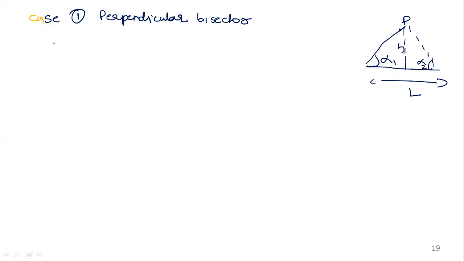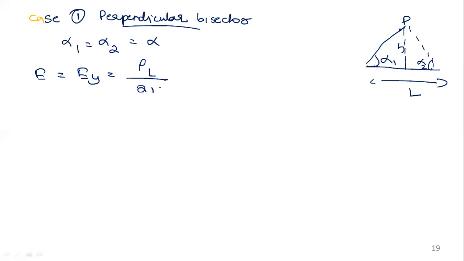Then for a perpendicular bisector, alpha 1 is equal to alpha 2 is equal to alpha only. They are same. That means E will be equal to Ey, which is rho L by 2 pi epsilon 0 h into cos alpha into the unit vector in the normal direction.